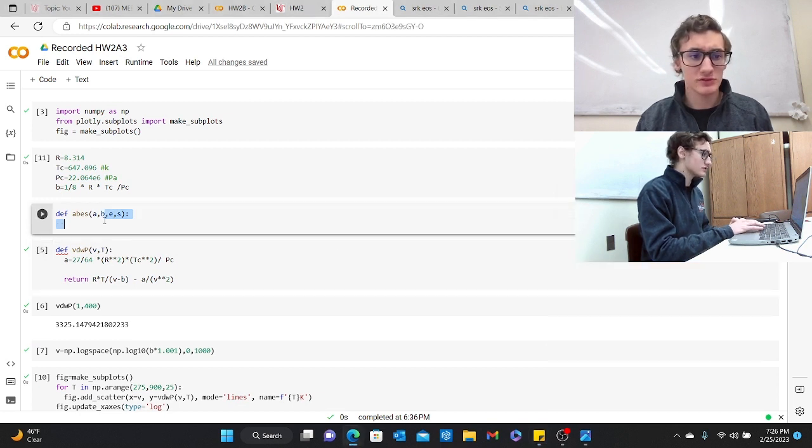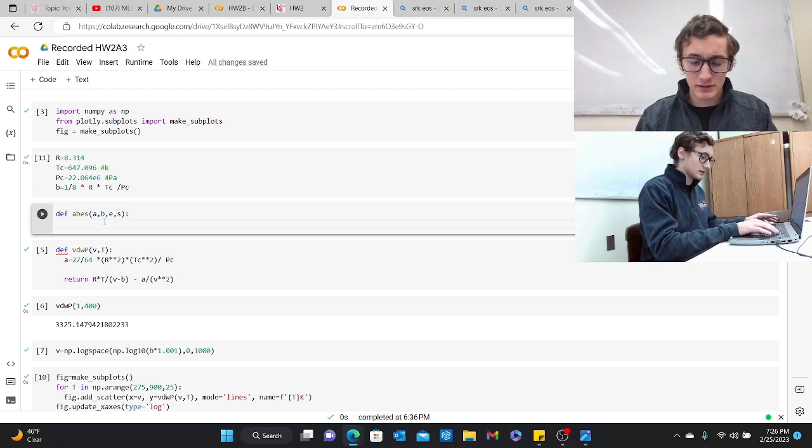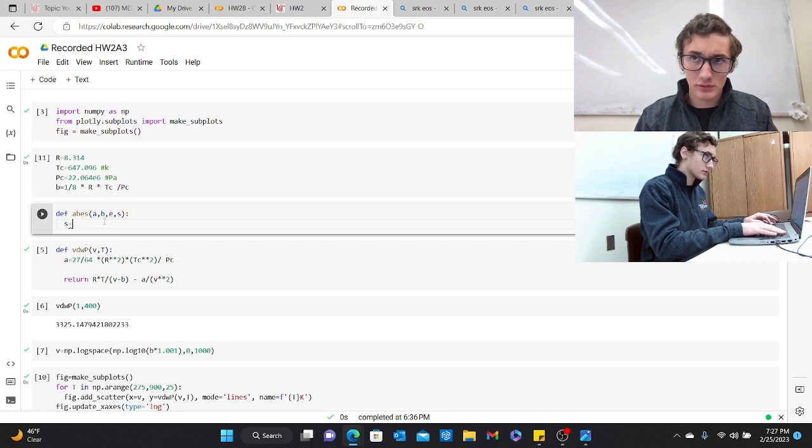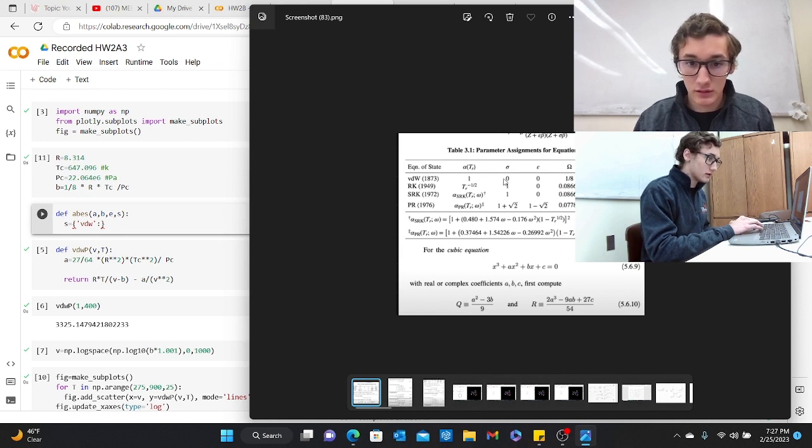Let's do sigma. So we're going to have sigma equals, let's try this, and that is going to be VDW. Let's look at our picture. Sigma for the van der Waals equation of state is 1.